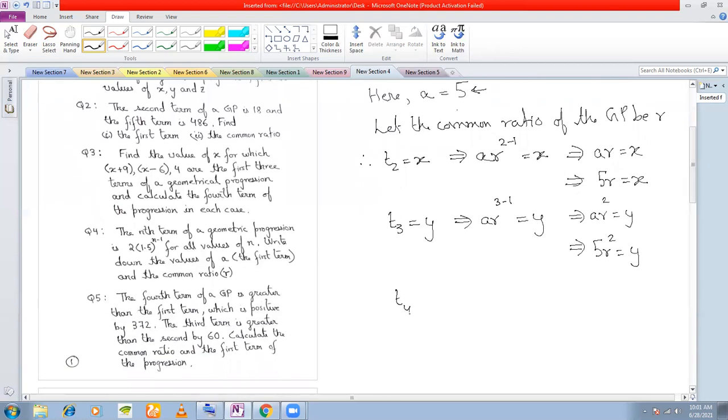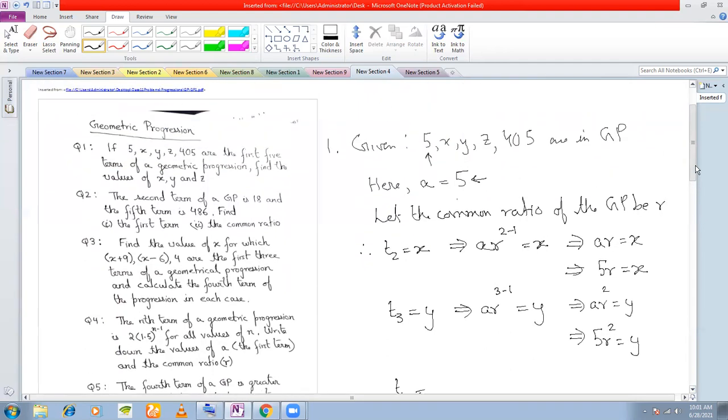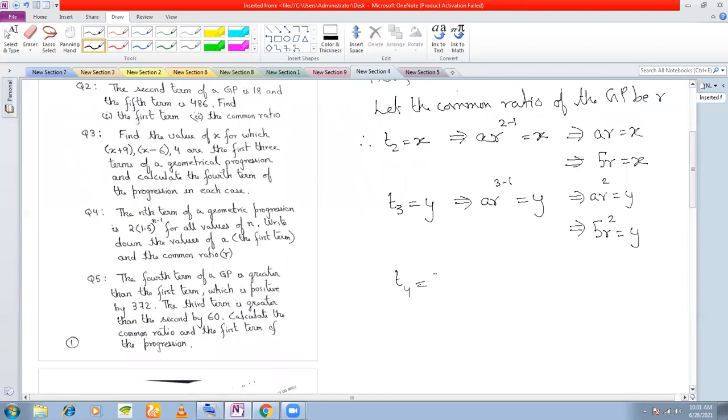Next, T4, the fourth term, is z. That means AR to the power of 4 minus 1 equals z, so AR cube equals z. Putting A as 5, 5R cube is equal to z.